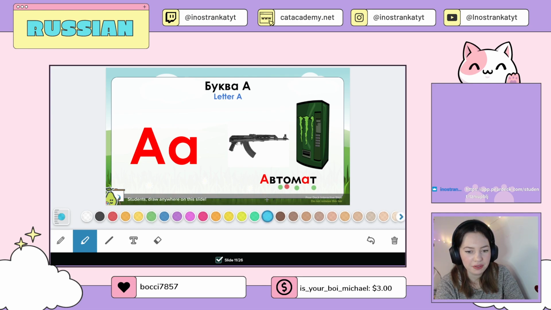The only difference will be this one. Who remembers this blue letter? What sound does it make? It is V. It makes the sound like the English letter V. So if we read it together, we will do автомат.